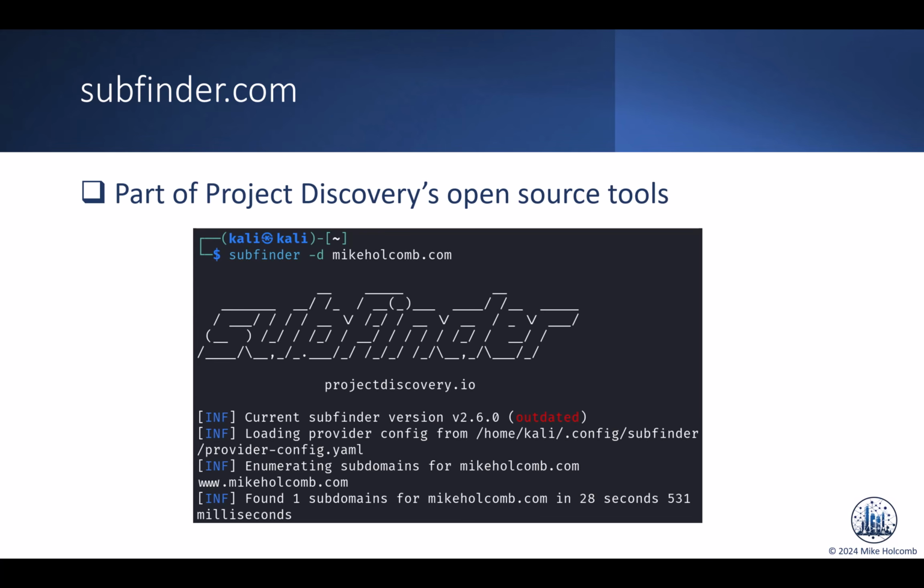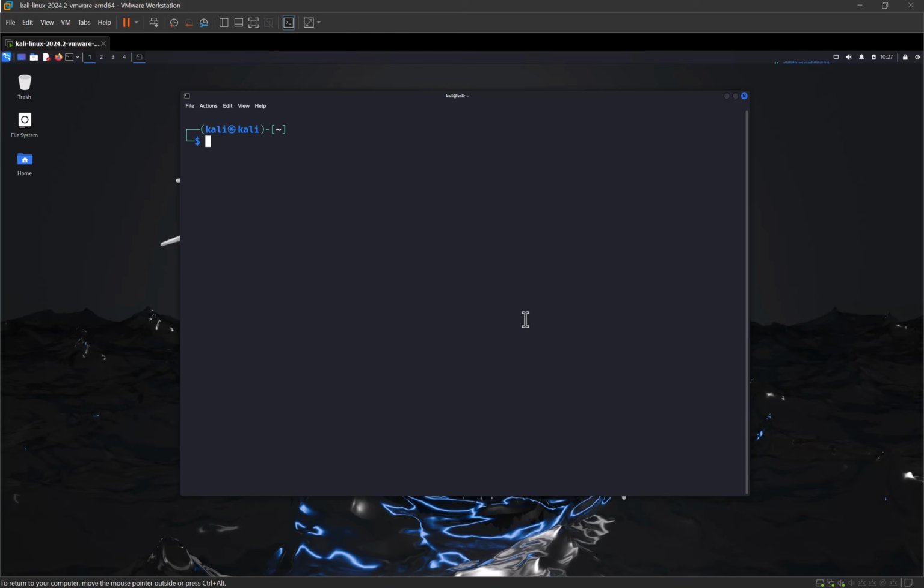So let's open up Kali Linux. So now we're in Kali Linux. So we're going to go ahead and run subfinder. And remember, subfinder is using DNS records. You can see here, I'm just going to use my domain like we show in the slides to start, to get an idea, right? So I'm going to do subfinder -d for domain and do myholcomb.com.